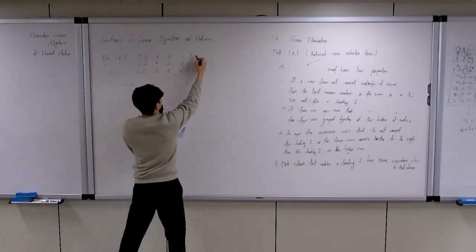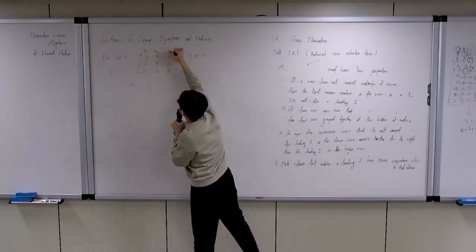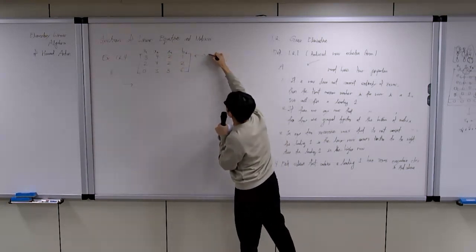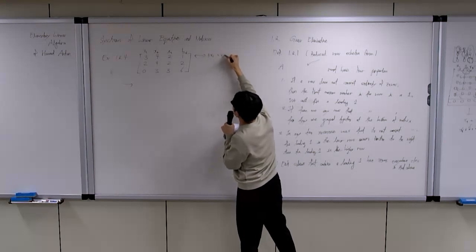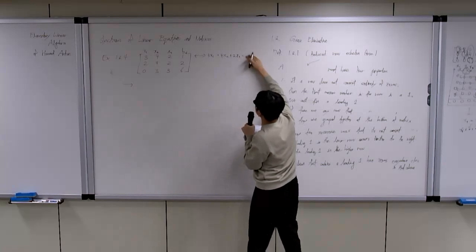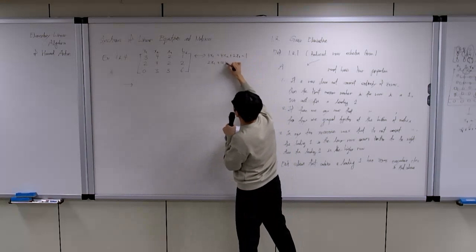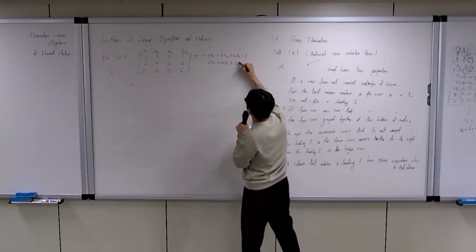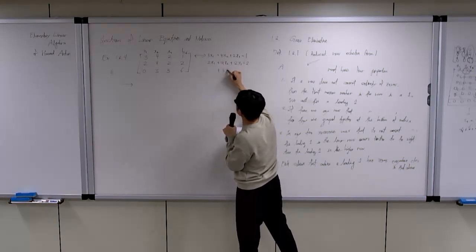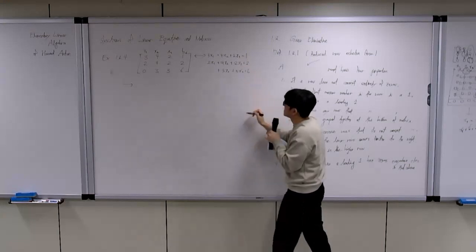So this means if we assign variables, 3x1 plus 4x2 plus 2x3 equals 1, and 2x1 plus 4x2 plus 2x3 equals 2, and finally 3x2 plus 3x3 equals 6.